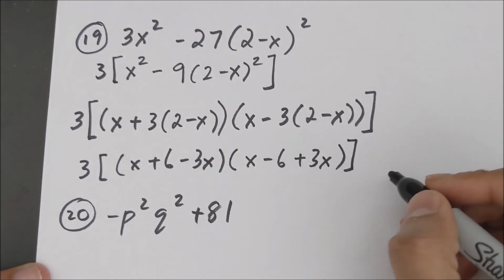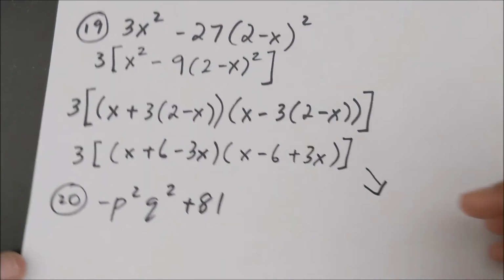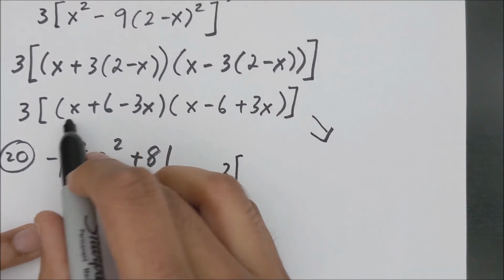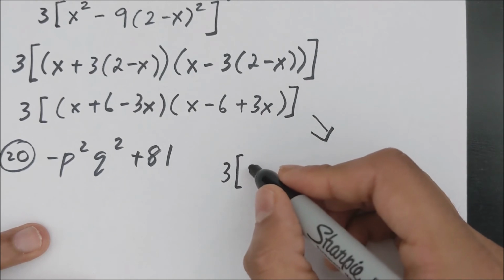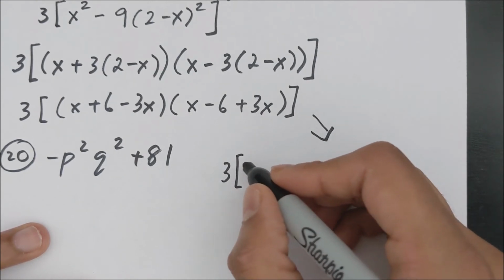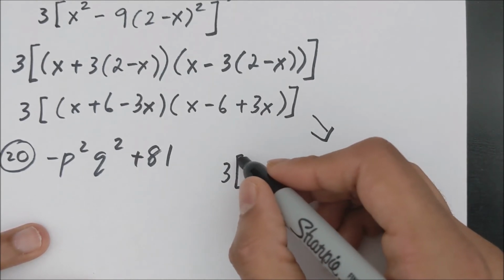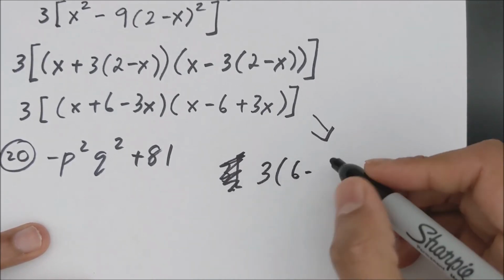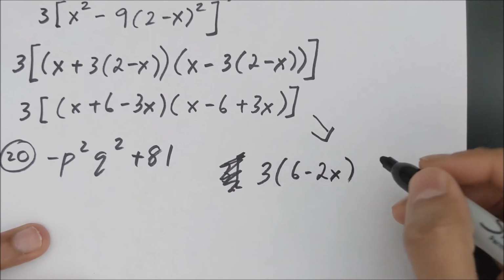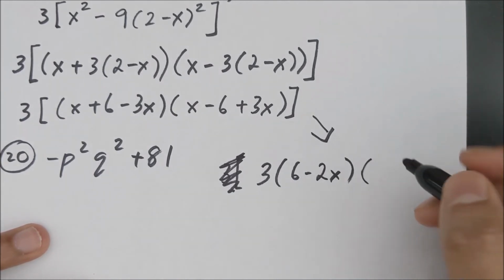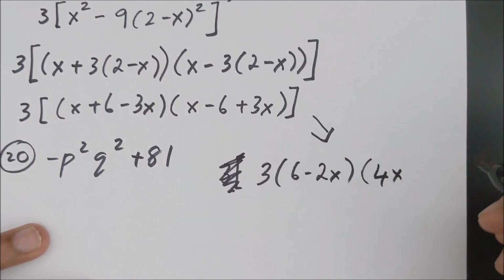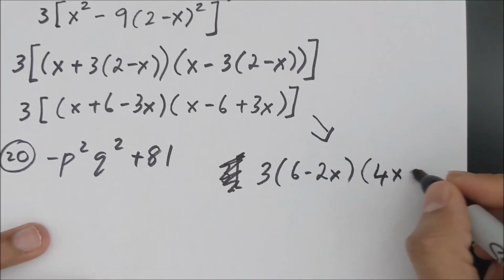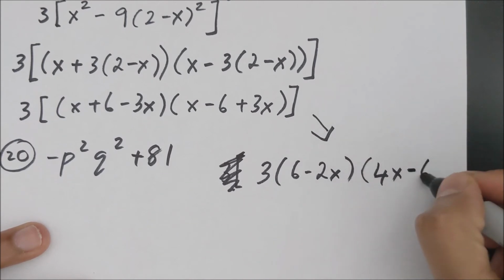And I want to combine like terms, so I'll continue over here. I write the 3 the same, square bracket, x minus 3x. So 3, 6 minus 2x, 4x minus 6.